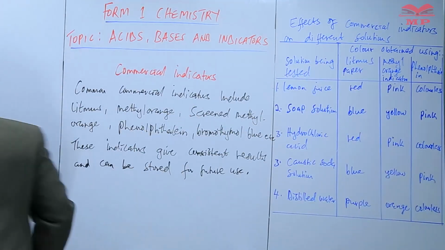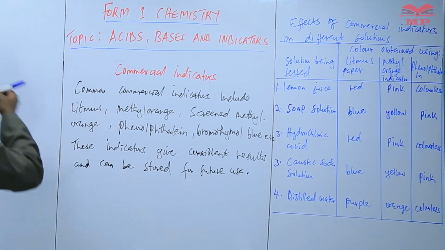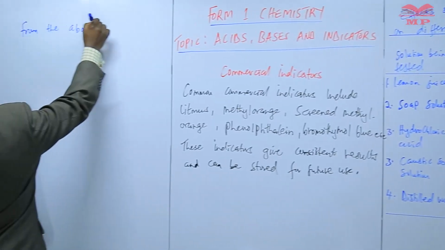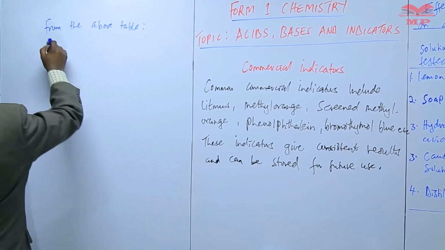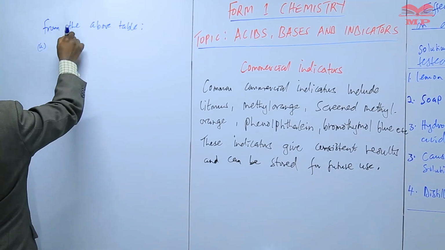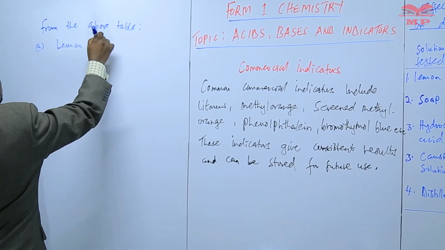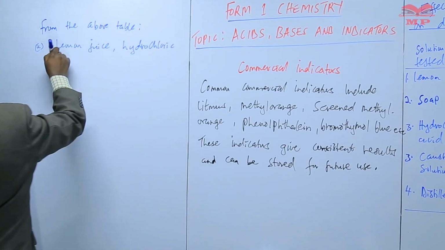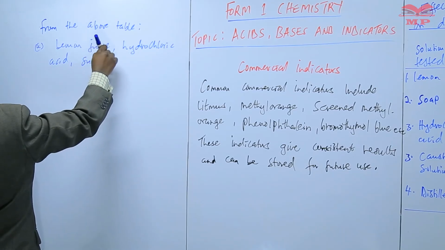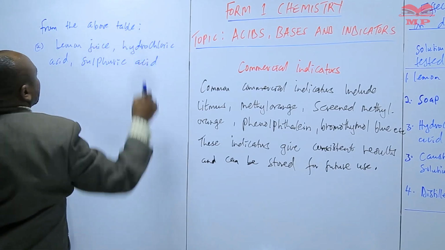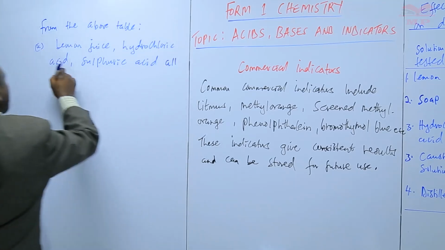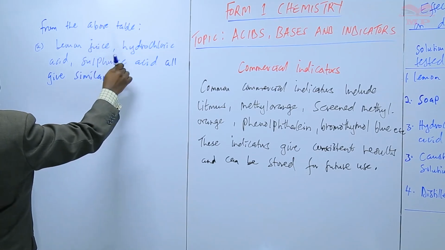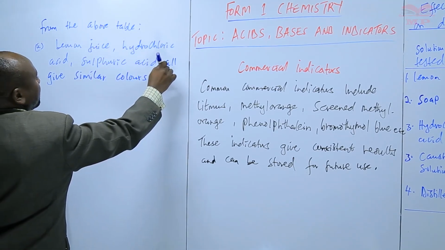But something that is worth mentioning, we can say that from the above table, lemon juice, hydrochloric acid, we can still use sulfuric acid, all give similar colors with different indicators.